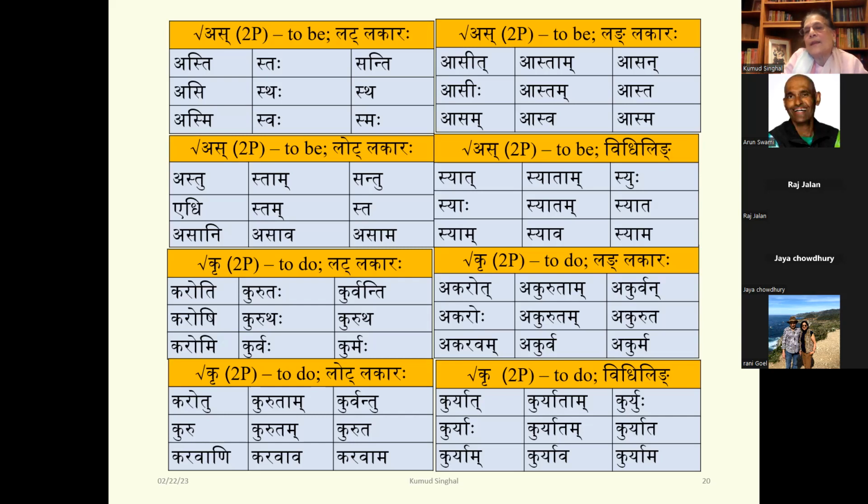So about 5 more classes. It should end in the middle or third week of March, by the end of March. It depends on how much I want to cover, because krit pratyayas are a very big topic. I have to see which are the useful ones, so it will be either 2 classes or 3 classes.